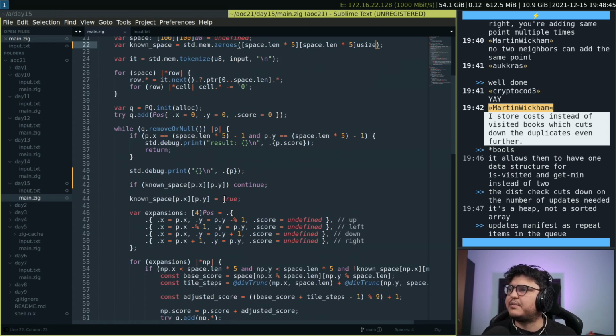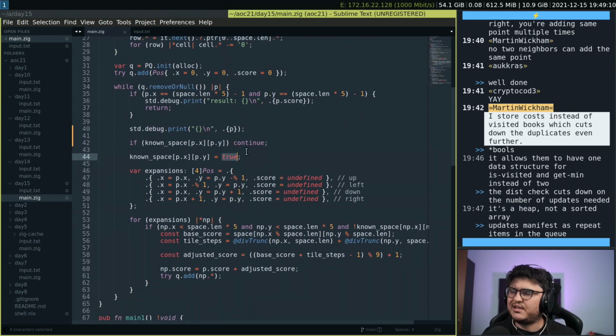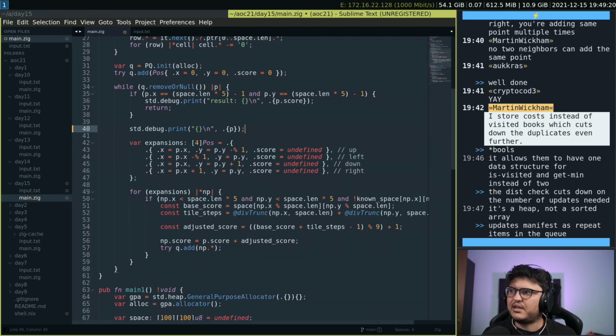So whenever something is known, instead of saying it's known, what am I going to do? I pop P. Is it when I pop P that I try to set its score? Or do I do it in here? I think it's better to avoid adding stuff. So I don't do this, I think.